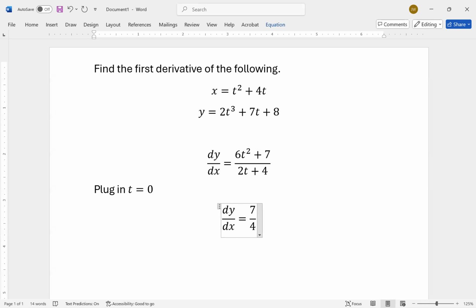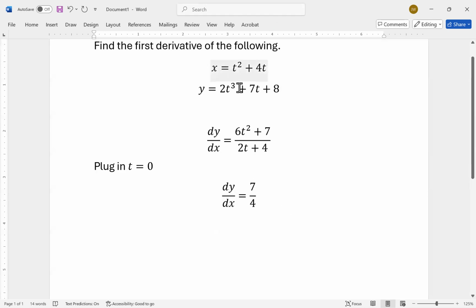That is the slope of the tangent line, and it's the slope of the tangent line at the point, well, the x value can be found by plugging in 0 for t in this equation. So the x value is going to be 0. The y value can be found by plugging in 0 into this equation. So the y value is going to be 8. So at the point (0, 8), we should expect the slope of the tangent line to be 7/4.